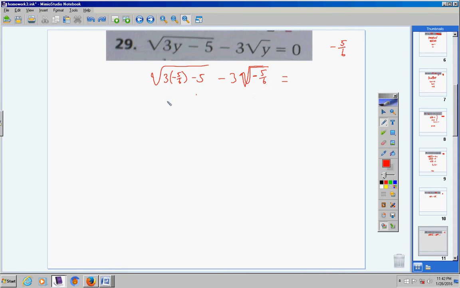This would also give you a negative number. You would get negative 5 over 2, negative 5. So when you combine them, that'd be a negative 7.5 minus 3 square root of negative 5/6. So look, you can't take the square root of a negative number.